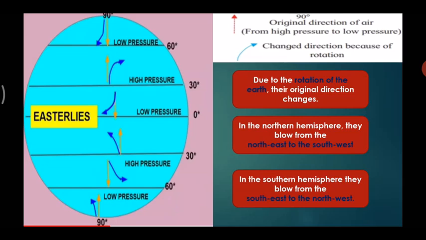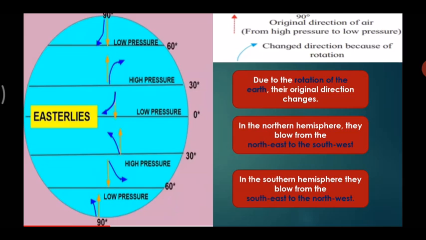In the northern hemisphere, winds blow from northeast to southwest. And what happens in the southern hemisphere? In the southern hemisphere, winds blow from southeast to northwest. This is the direction of the winds, and they are called easterlies.